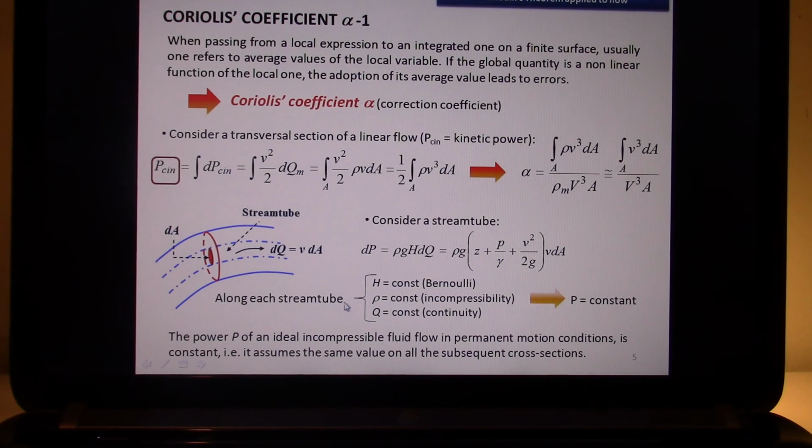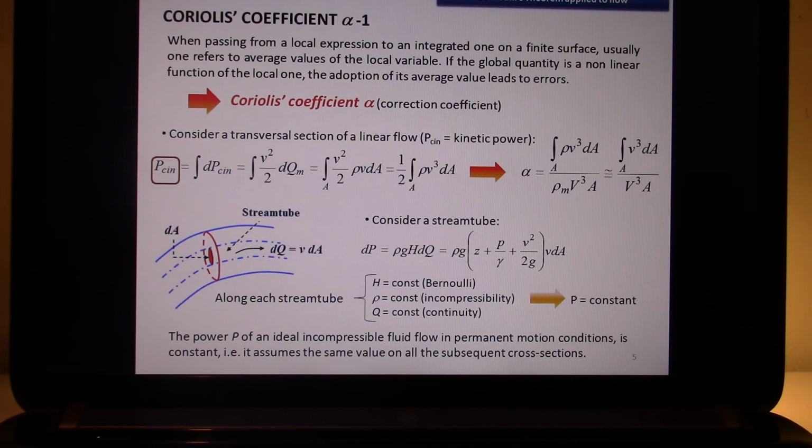Hence, along each stream tube, one assumes that Bernoulli is valid, which means that the total head remains constant. The density is constant, which means that your fluid is incompressible, and again the continuity equation is valid, so the volumetric discharge remains constant.